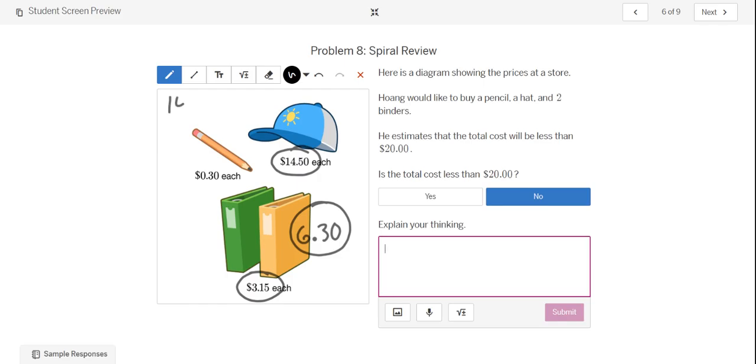But if I did it, $14.50 plus $6.30 plus 30 cents, I get that it's $21.10. And so definitely don't have enough. Explain your thinking. $21.10 is more than $20.